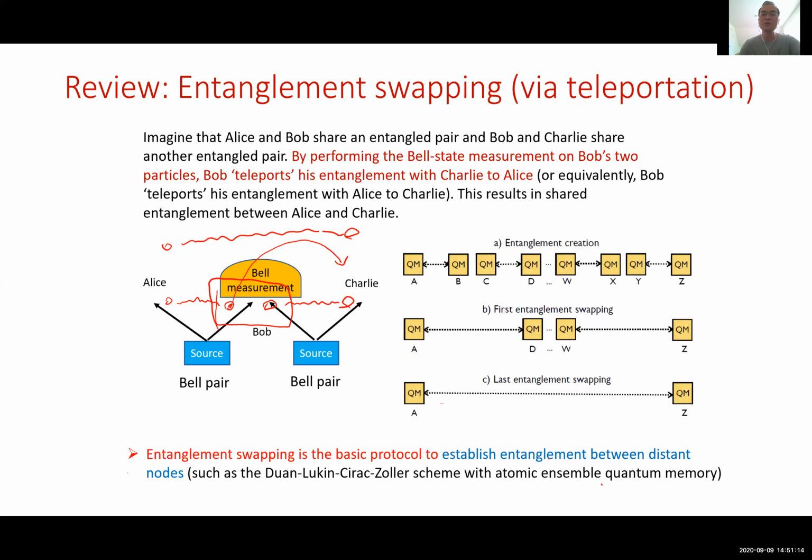So this is used in the so-called communication protocol, or sometimes called quantum repeater, as in the Duan-Lukin-Cirac-Zoller scheme, where you have little segments of entangled pairs. These are local, short distance entanglement. And then you can do the Bell measurement to establish a longer link of entanglement.